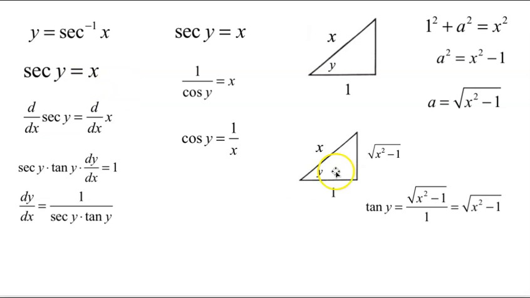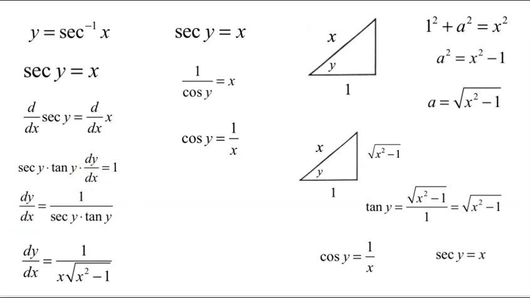Now I told you sec y was x, but you can also get it from the triangle, right? Cosine y is adjacent over hypotenuse. Cosine y is 1 over x. Taking the reciprocal, secant of y is x. So sec y is x. Tangent y is root x squared minus 1. Making the substitutions over here, I get dy/dx is 1 over x times the square root of x squared minus 1.